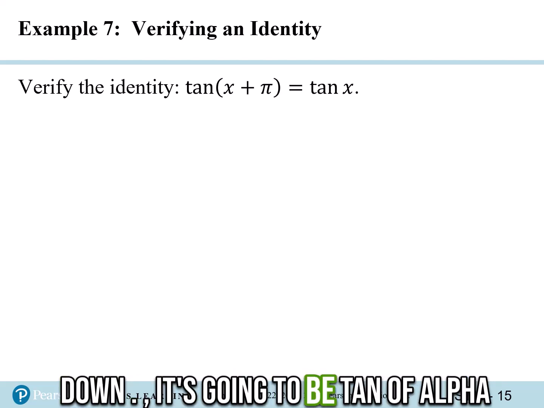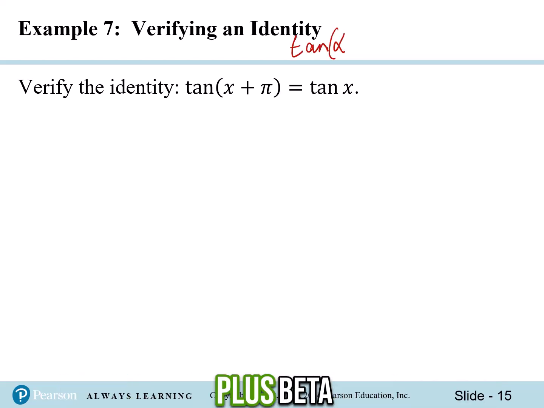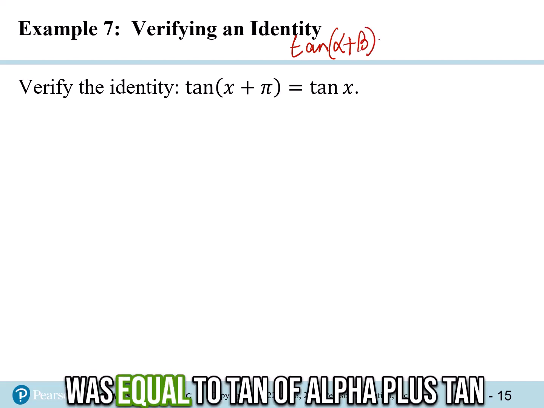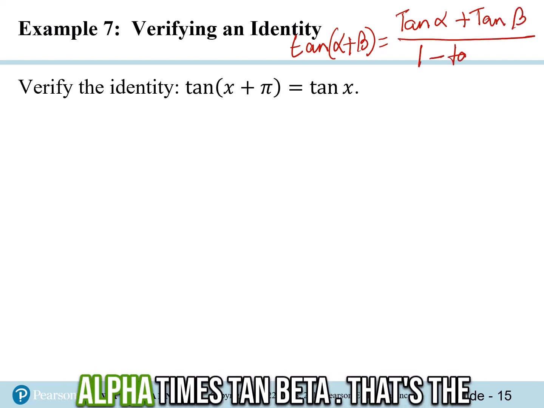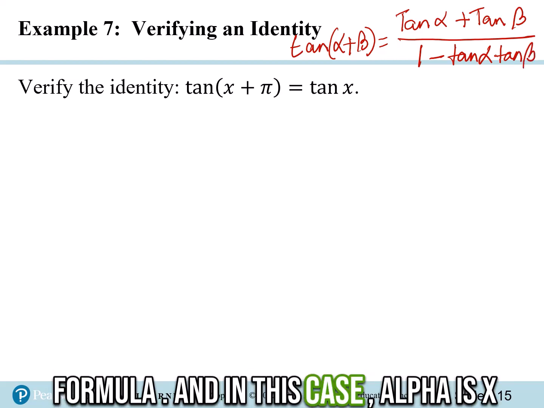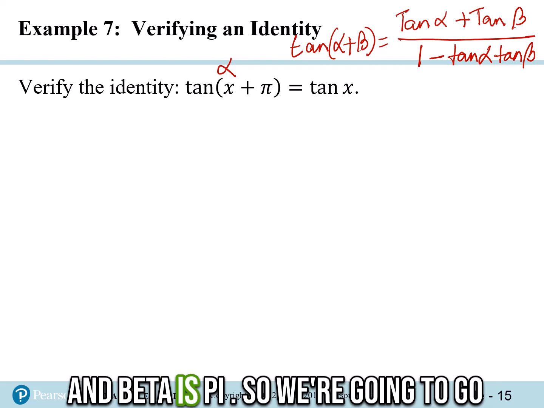It's going to be tan of alpha plus beta equal to tan of alpha plus tan of beta divided by 1 minus tan alpha times tan beta. That's the formula. And in this case, alpha is x and beta is pi.